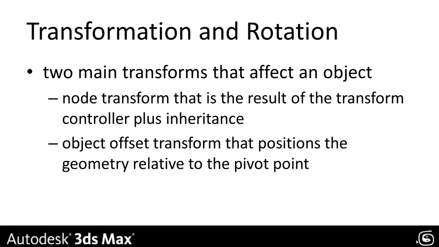So this first item is essentially the transform to where the pivot point lives, and then the object offset transform is further transformation off of that pivot point. Remember yesterday when I showed that box with the little offset at the end, and when I did the rotation, it rotated around the pivot point that was offset from the actual geometry. So that's what that's all about.